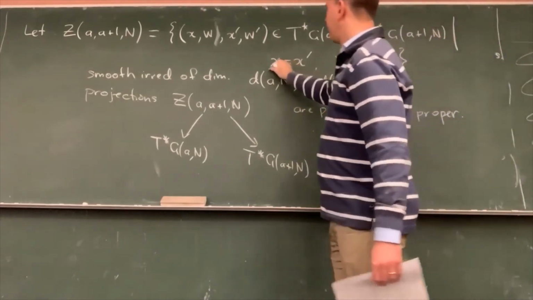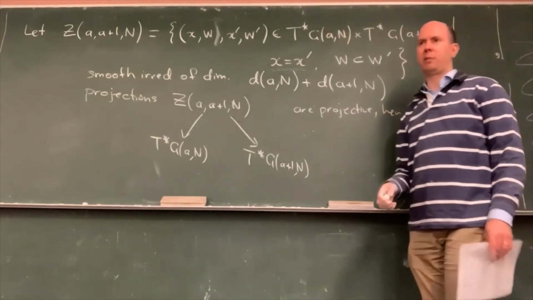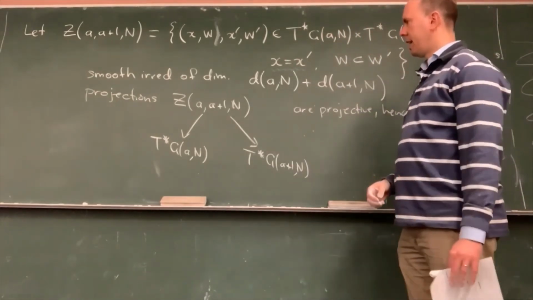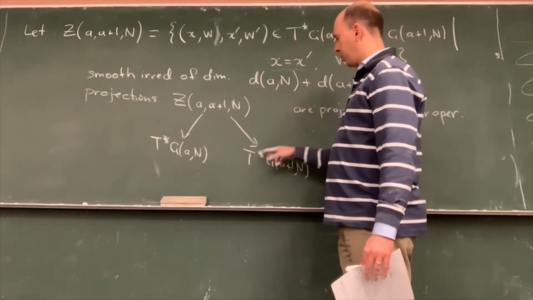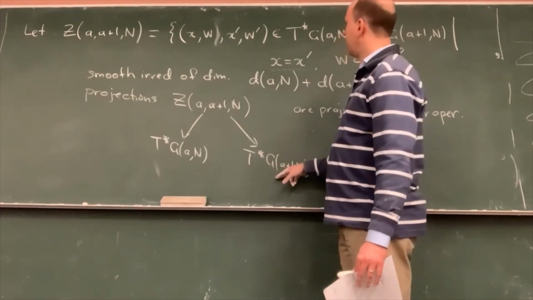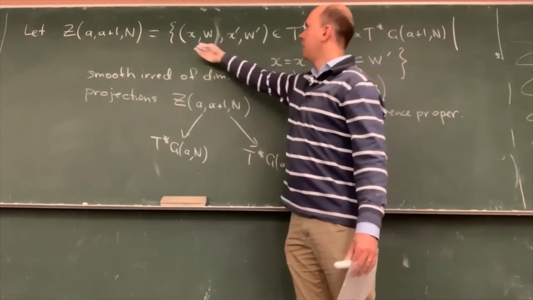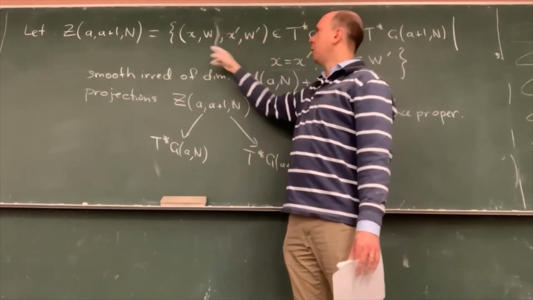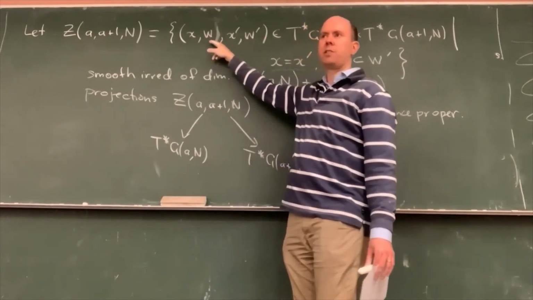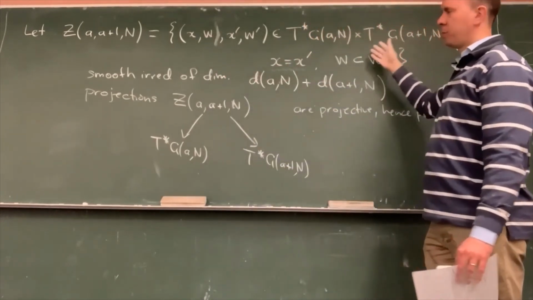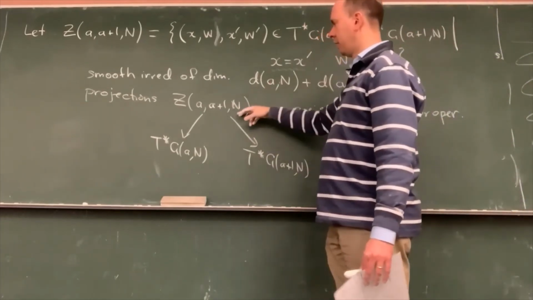And it's crucial there that we've imposed the condition that x equals x prime, so there isn't any remaining vector part floating around. If you take a point here, for instance, that consists of a pair of x prime and w prime, its pre-image initially is a set of quadruples like this, but x is forced to be equal to x prime, so that's not actually a choice. It's only the w part which is a choice. And so in that case, you'll see that the fibre is a projective space. And more generally, you can see that this is a projective morphism.